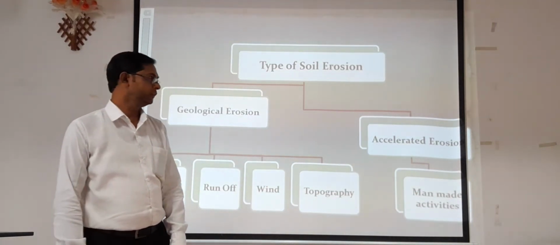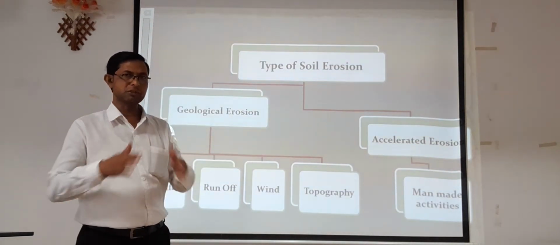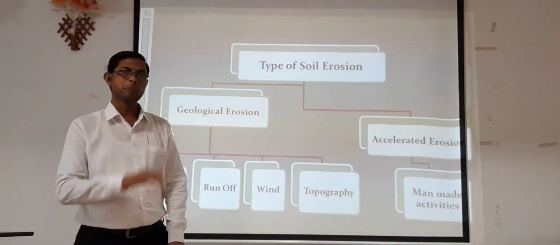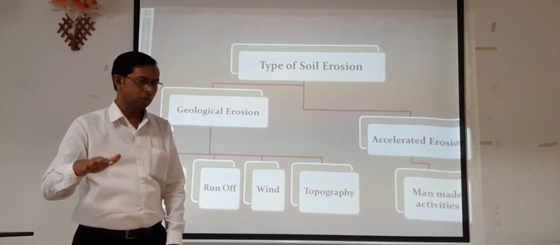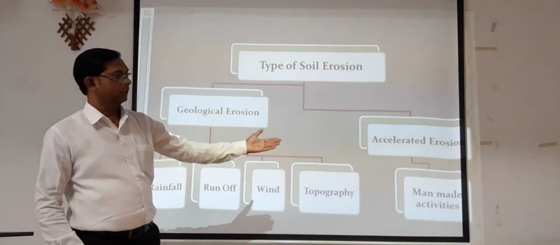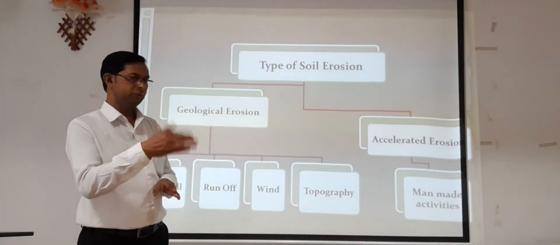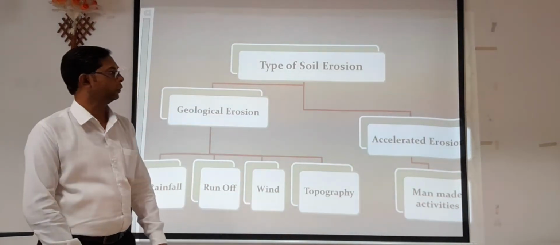Suppose a few years ago we would observe large hill stations. Now, due to human activity, this hilly area is cut, and due to utilization of that area, erosion takes place, and due to that erosion the region changes. That is known as accelerated erosion.